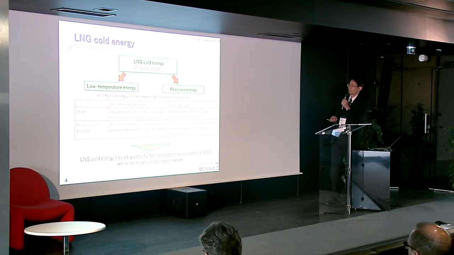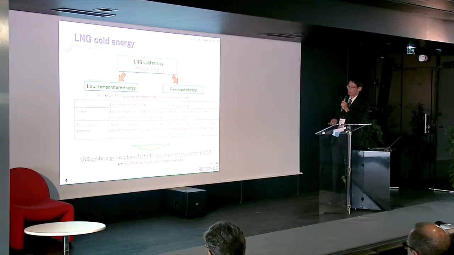Pressure energy is from the expanding of gas. Pressure energy is mainly consumed by transportation from the LNG terminal to the trunk line to customers. So cold energy has big potential to reduce power consumption and reduction of CO2.